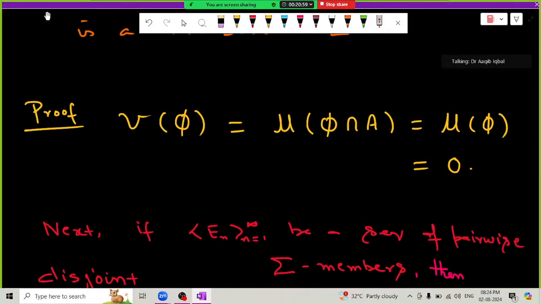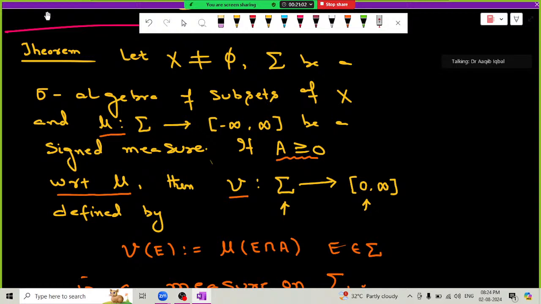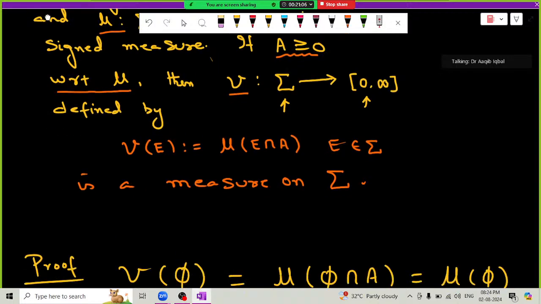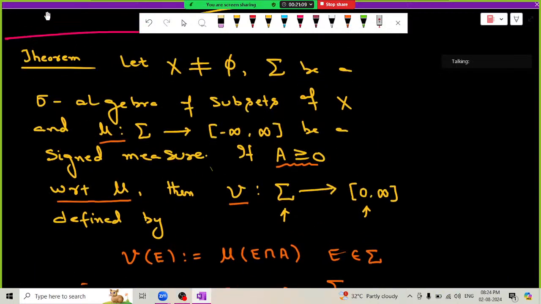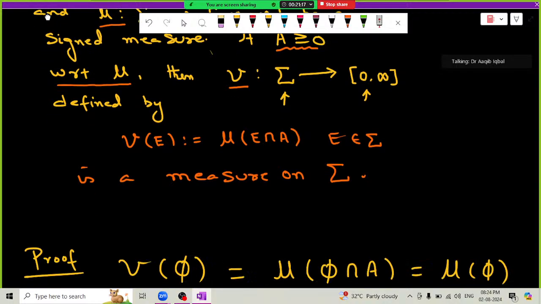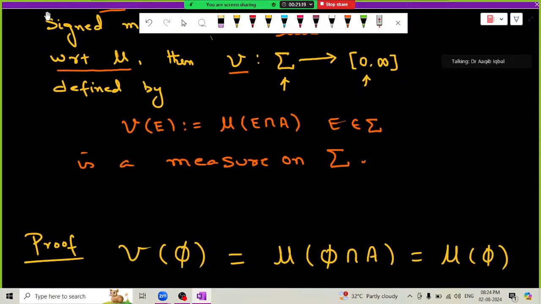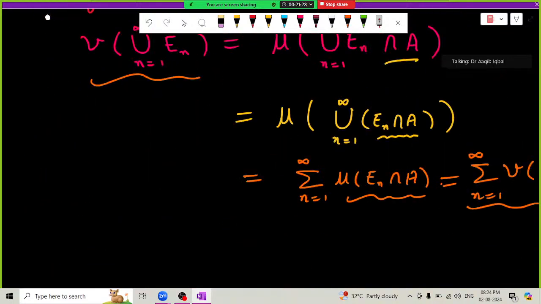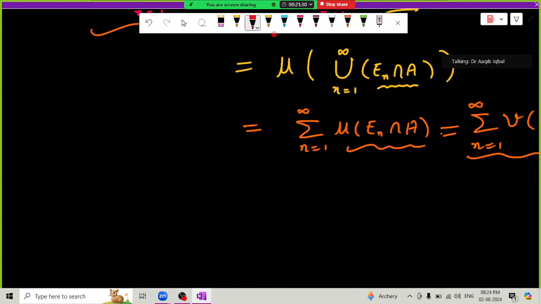So the moral of the story is this: from a signed measure and a positive set, you can create a measure. If you possess a signed measure and a positive set with respect to that signed measure, you can create a measure using these two ingredients. And the recipe is this: nu of E is mu of E intersected with A, where mu is the signed measure and A is the positive set with respect to the signed measure mu. Okay. Now likewise, I am giving you this as an exercise.